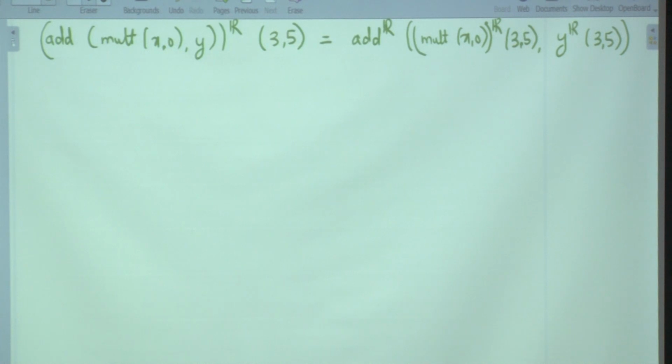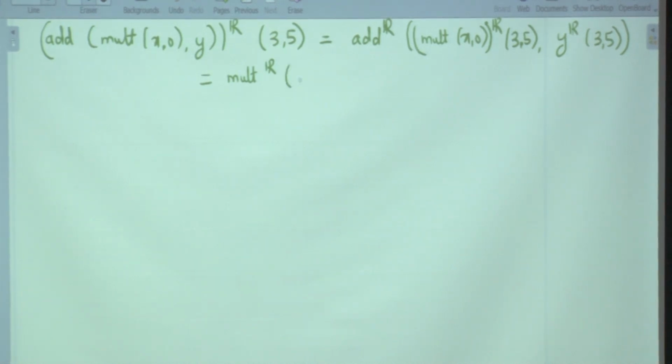This expression I can write as mult R, correct?